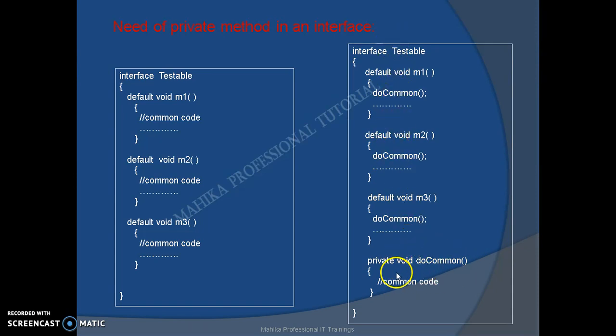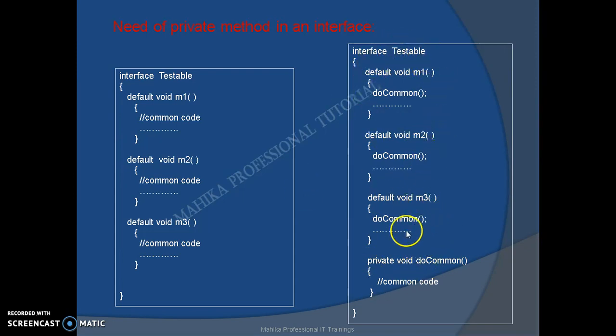Now this method will be of private type. Private means it will be accessible within this interface only, because we are writing this method to remove the duplication of code from the methods which are given in the interface. So being private, it will be accessible to the methods of this interface only.